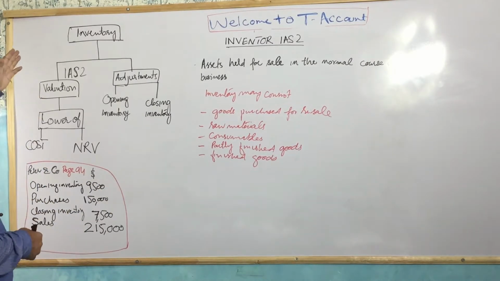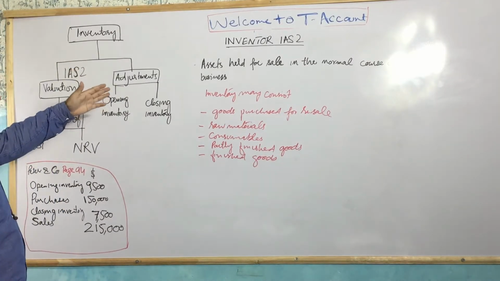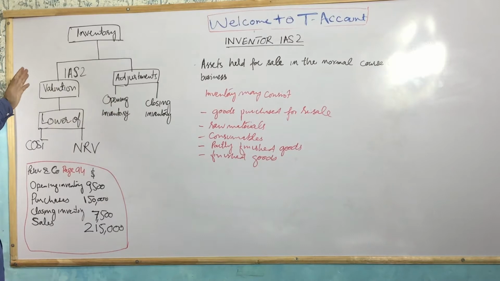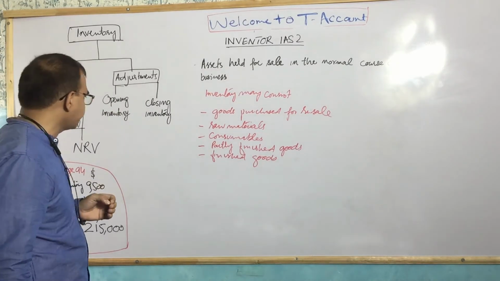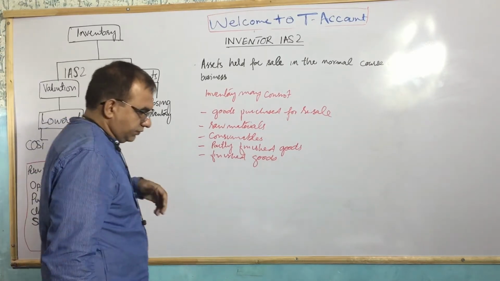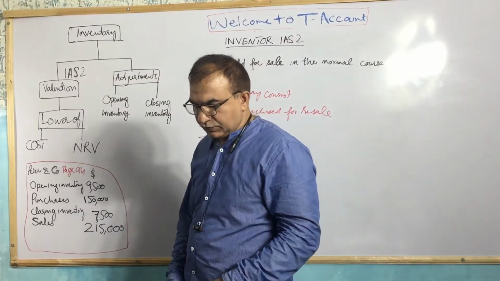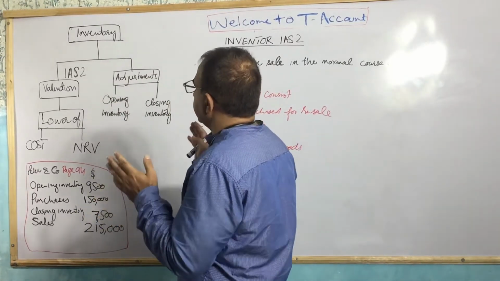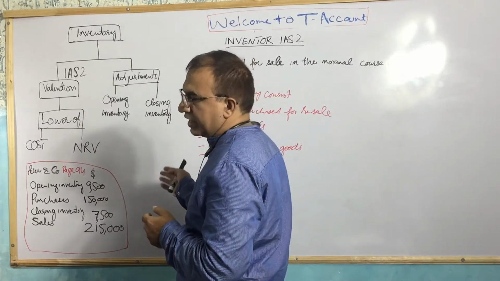So inventory, we have year-end adjustments for opening inventory, closing inventory, and valuation as per International Accounting Standard 2. We need to value it. Normally we value it on cost, but the standard says value it at the lower of cost or NRV.